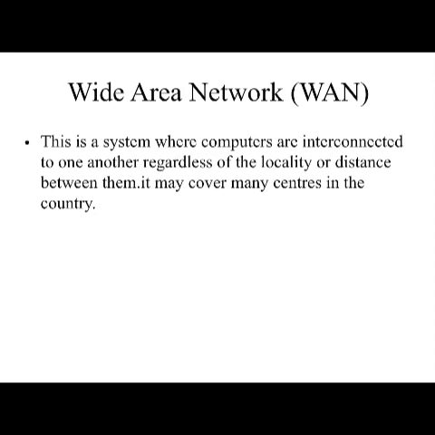For this one, I would give an example of a bank, FNB. Let's say FNB has centers across the whole country, and those branches have computers that are interconnected or linked when it comes to data. As a customer, you can go to any branch of FNB, and your details will be there, because those branches are interconnected.